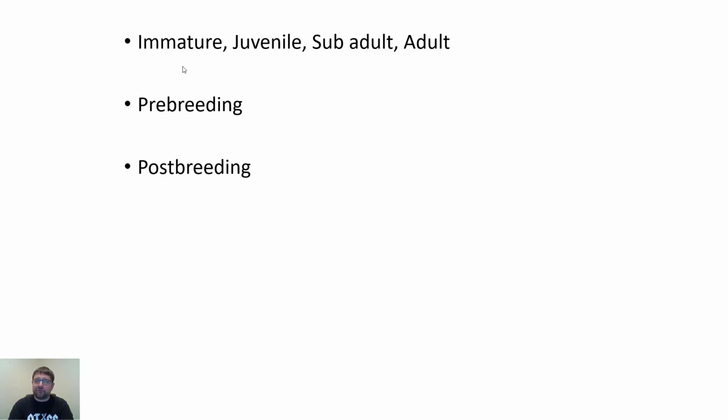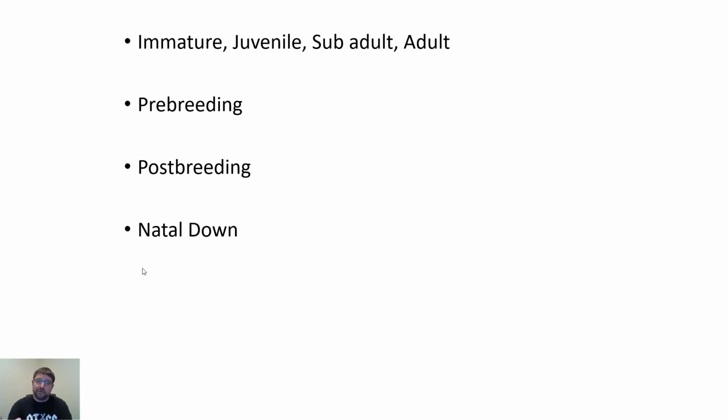If you can't actually age the organism, or the organism has to be dead and you have to examine their bones to age it, then often we'll note them as post-breeding, pre-breeding, immature, juvenile, subadult, adult, that kind of thing. The other notion can be different stages within the nest.